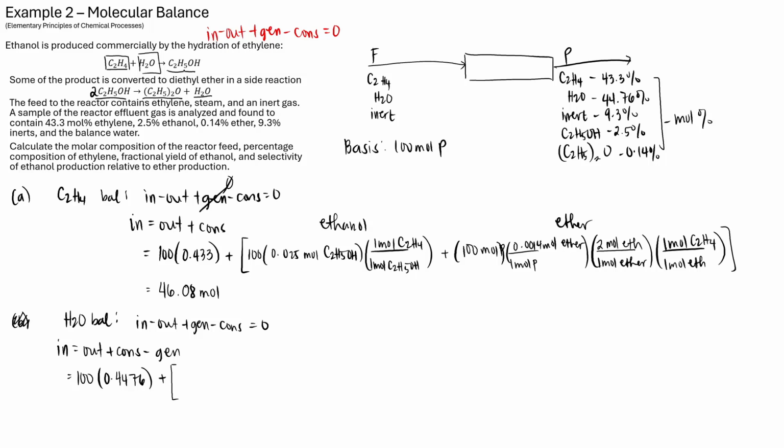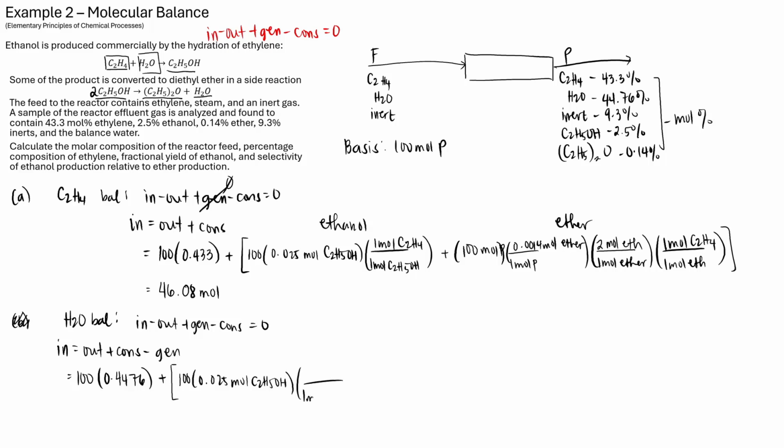Again, in the production ng ethanol, H2O was needed. It's reactant. And in the production of C2H5OC2H5, the diethyl ether, we needed ethanol. But we know that ethanol required water. So we need to take that into account again. So what I'm going to do here is basically a duplicate of the consumption term we did in the ethylene. So it's just 100 times 0.025 mole ethanol.